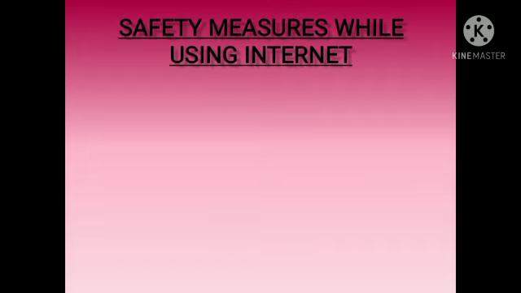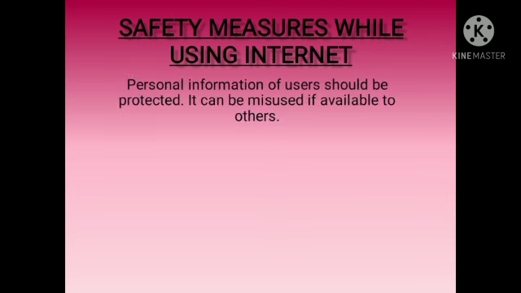Now, come to the next topic, that is safety measures while using the internet. As you know, the personal information of the user should be protected, because if available to others, it can be misused. So you should be very careful.